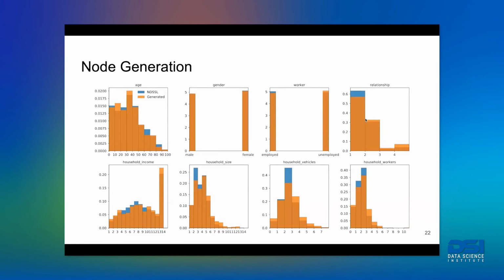We have a histogram for the true data set and for the generated data set, and they're pretty close to one another. They're not perfect, which is not a surprise because you wouldn't really expect the algorithm to perfectly reproduce this, but it does a pretty good job. I'm just looking at the marginals here. You could also look at the joint distributions, but I'm going to skip that for now.